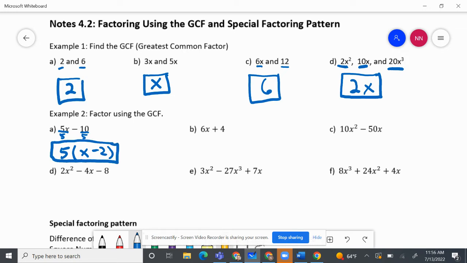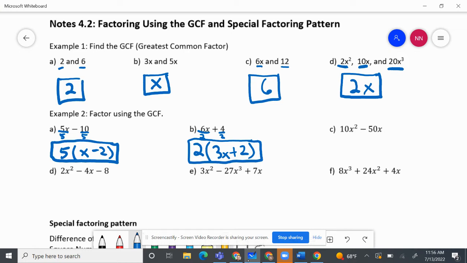In the same way, if we look at letter B, what they have in common would be a 2. And when we factor out a 2, remember it would be like dividing each of these by 2. What we're left with is a 3x plus 2. For the next one, we're looking to see what they have in common.